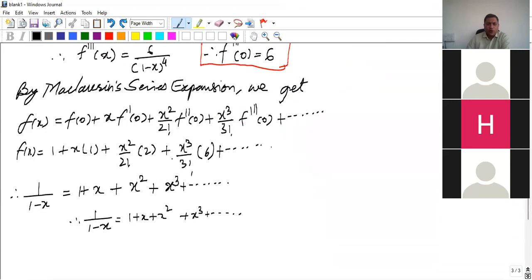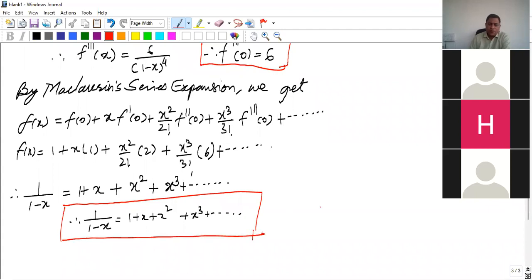So is there any doubt in this example? No, sir. All of you are able to get this? Yes, sir. So that's good. You got this expansion. Now we need to understand what is the expansion using these standard ones.